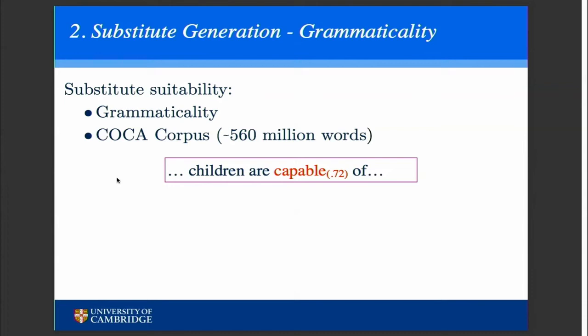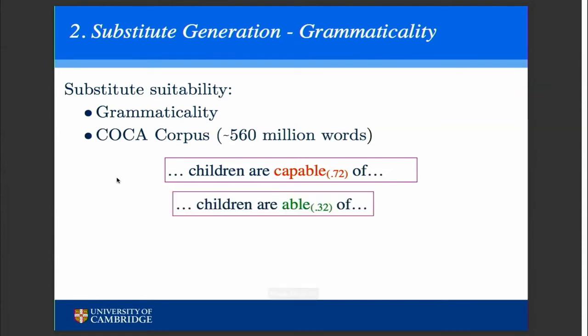And a bigram is literally two consecutive words. So children are would be a bigram, and are capable would be a bigram within this sentence. So when we generate synonyms for capable, one of the words that we get is able. And when you actually read children are able of, we know that that doesn't grammatically make sense.